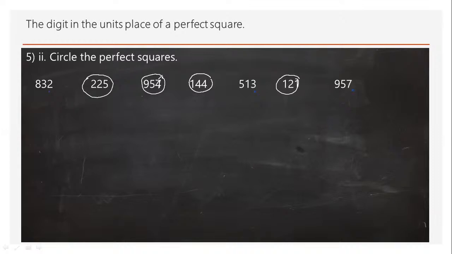It should be 7, right? 957. By mistake, I have mentioned 954. So you can correct this as 957, because I want to show you that 7 is not at the unit place of a perfect square number. So this is also not a perfect square number. Here the last digit is 7.